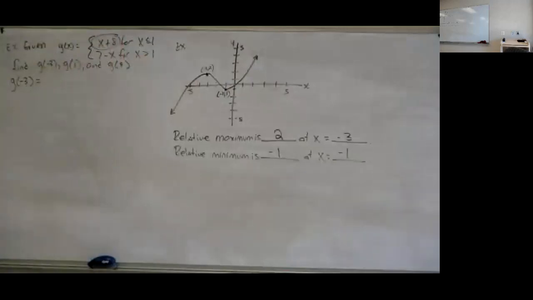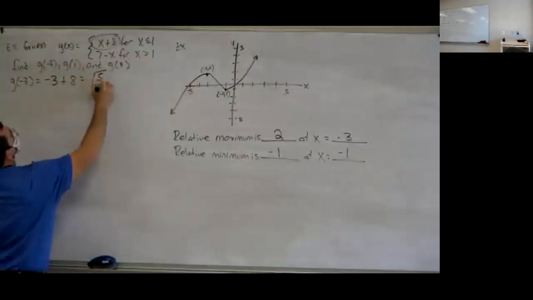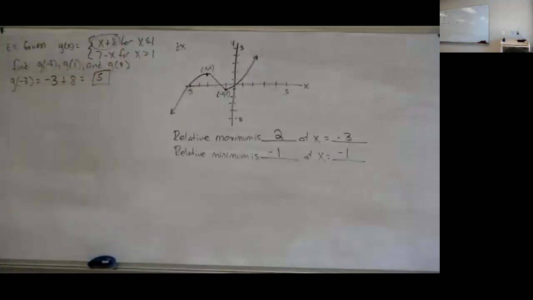So what that means is I'll put my -3 in for the x, and then add 8. Okay? So basically, -3 plus 8 is the same as 8 minus 3, which gives me what, a 5? So g of -3 equals 5.